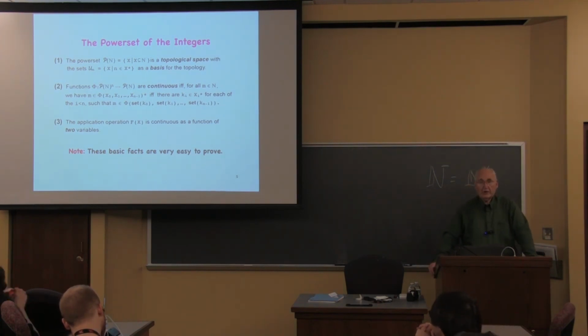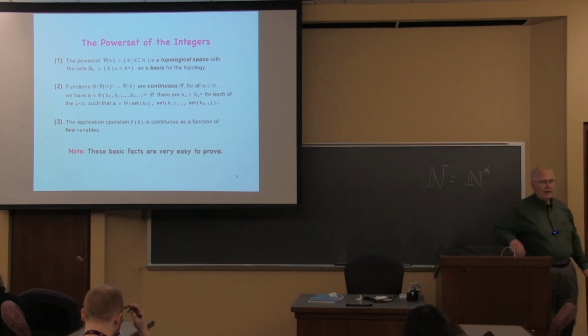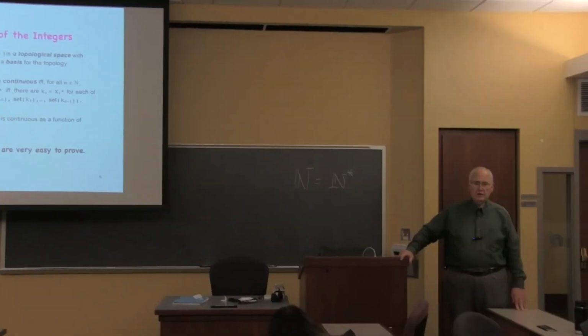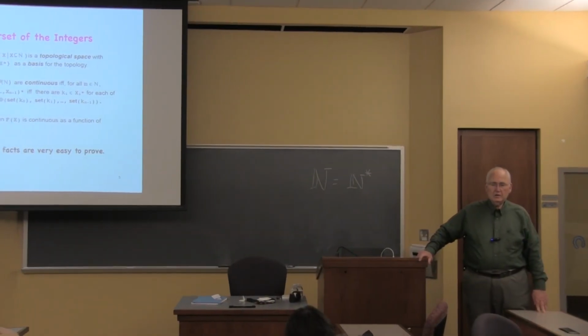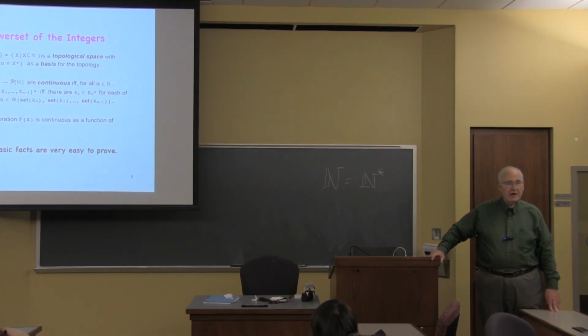So now let me go back to my universe here. The universe is the power set of the integers, and it has a very simple topology. Now, sophomores, or definitely juniors, should have had some topology from calculus. The topology on the power set of the integers is easier than the topology on the real numbers.